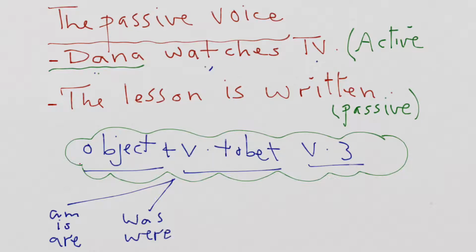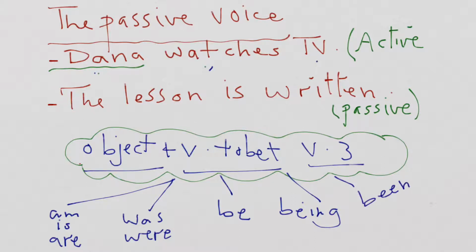If it includes one of the modal verbs, you have to add the modal. By the modal verbs, I mean can, could, will, would, should, and so on. So you have to keep the modal as it is, will, can, whatever, and then you have to use be. If it is continuous, present or past, you have to use being. If it is perfect, present or past, you have to use been.